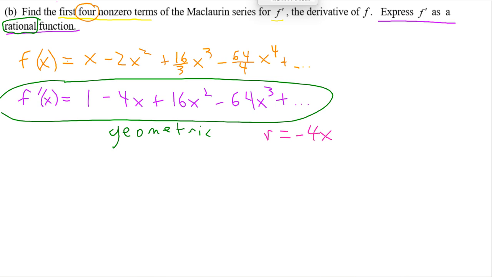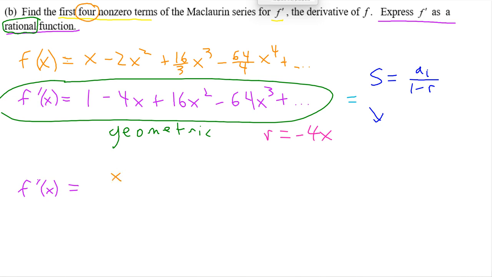So remember what this is going to equal is using our sum formula. For a geometric series, remember the sum would be the first term, a sub 1, over 1 minus r. So in this case, f prime of x would equal, the first term is x.